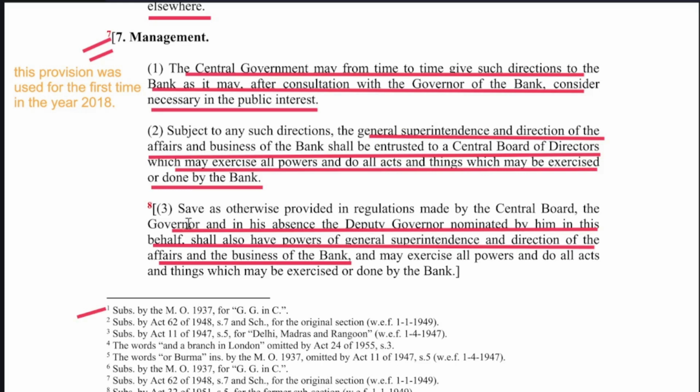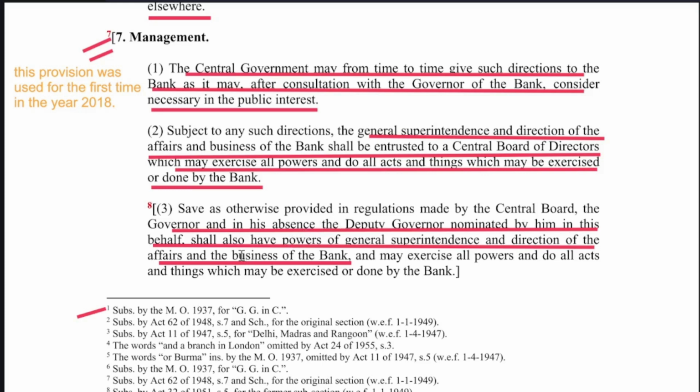Moving on to subsection 3: the governor, and in his absence a deputy governor nominated by him in this behalf, shall also have powers of general superintendence and direction of the affairs and business of the bank. Meaning thereby, the central board of directors would make the general regulations, and they would be implemented through the governor.